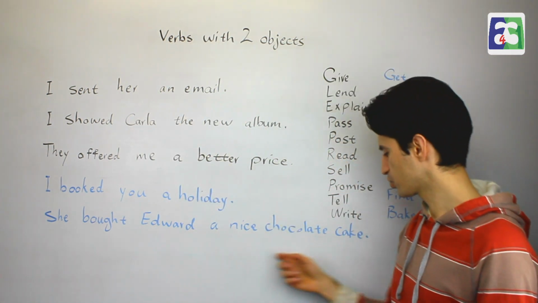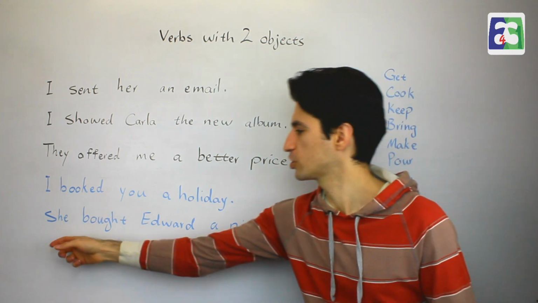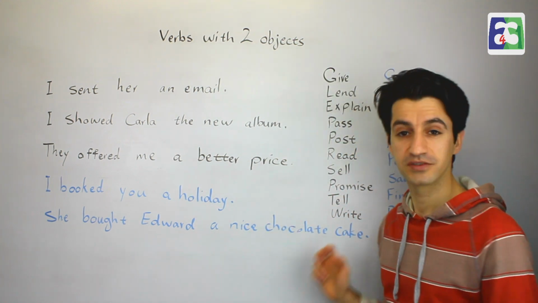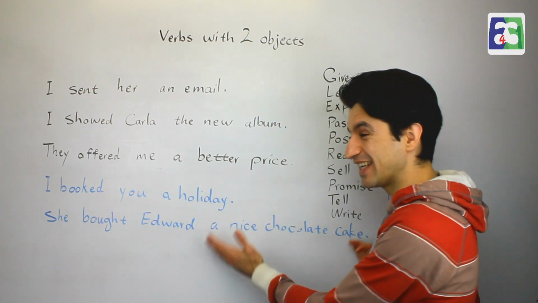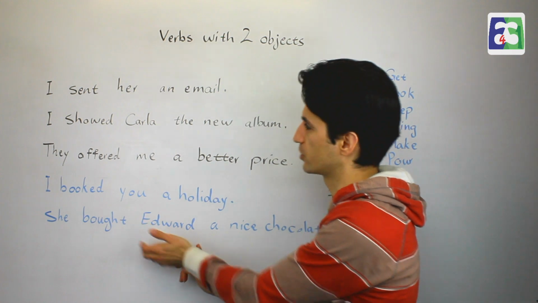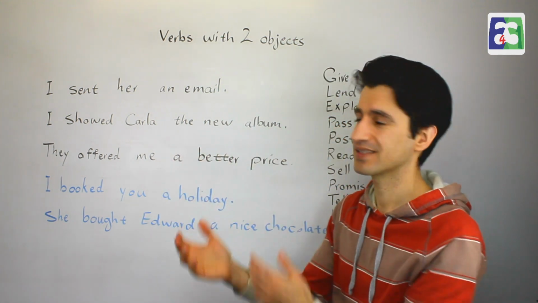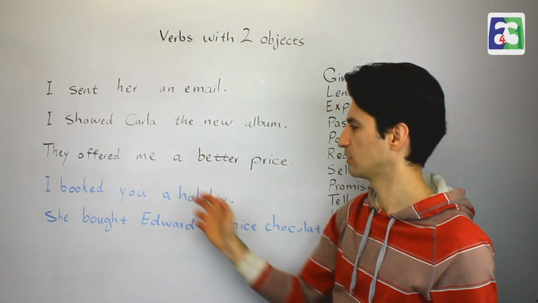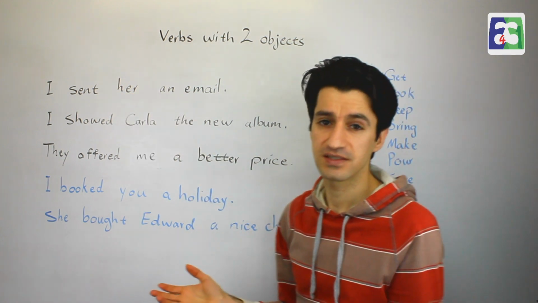Over here, a nice chocolate cake goes to Edward. She bought Edward a nice chocolate cake. So the direct object goes to the indirect object. If I replace it and mention email first and then her, or the other ones, again that's the same thing.